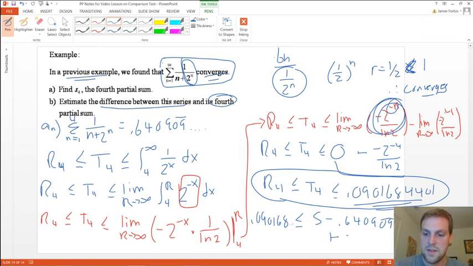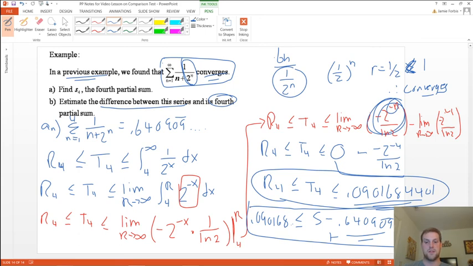And whenever I added this quantity to both sides, I'm cutting off a little bit on my screen there, I apologize. But I'll let you do that on your own. All you got to do is just add the 0.6409 to both sides, and you'll get the same answer like you did before. Okay.